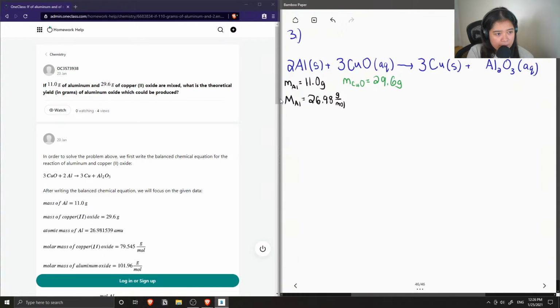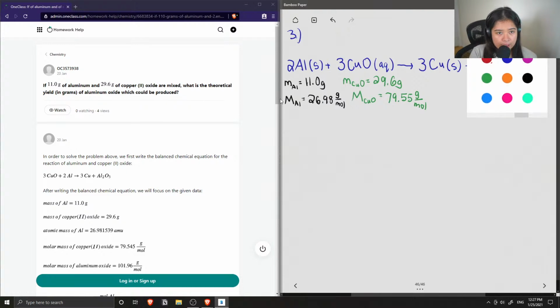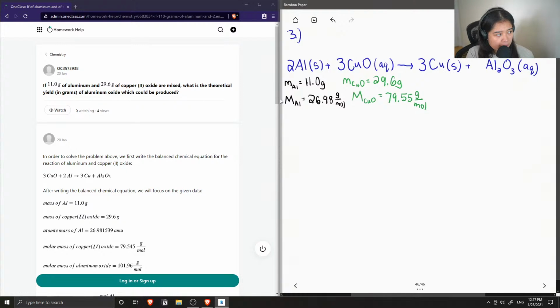And we can calculate the molar mass of copper 2 oxide just again by going on the periodic table, finding the molar masses of both copper and oxygen, and when you add them all up, you should get a total molar mass of 79.55 grams per mole. And in the question, we want to find the theoretical yield in grams of aluminum oxide which could be produced.